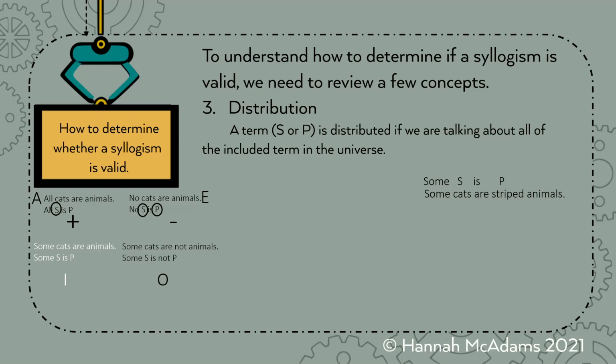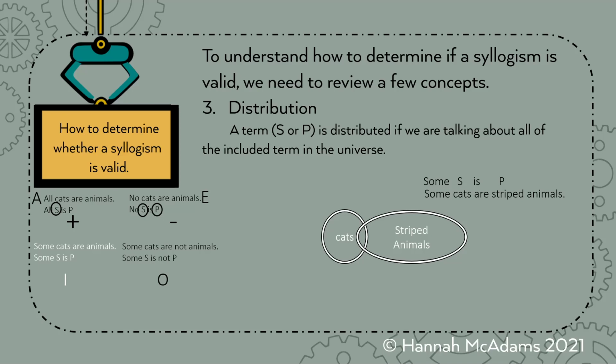the I statements. Some S is P. Some cats are striped animals. Okay, so we have cats over here, and then we have striped animals. Are we talking about all cats? No. Are we talking about all striped animals? No. We're talking about some cats are striped.